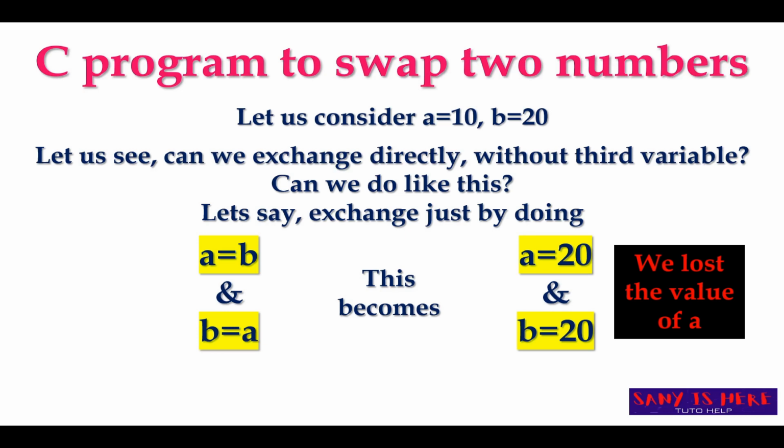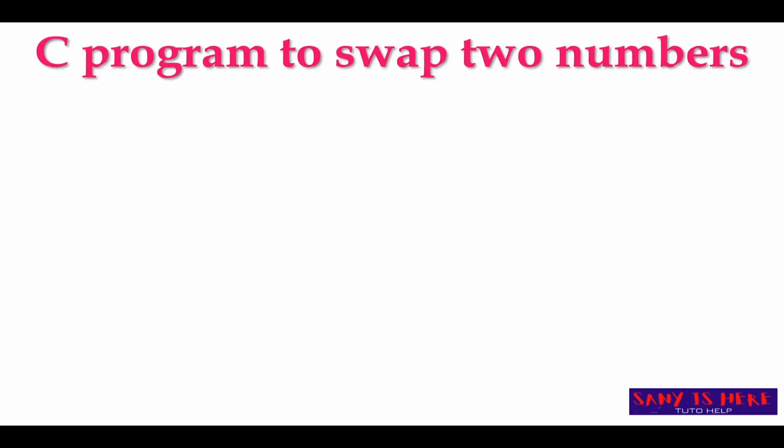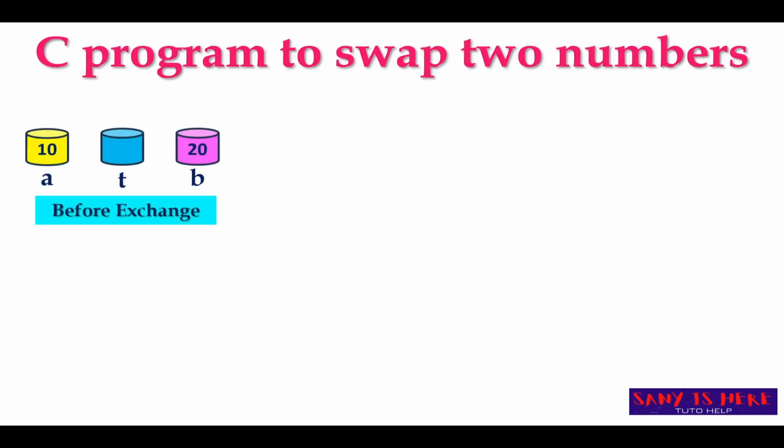Just by putting A is equal to B and B is equal to A, it is not possible to exchange. That's why we are going in for the third container. Got it? Okay, let us see how we can do this by using the third container.